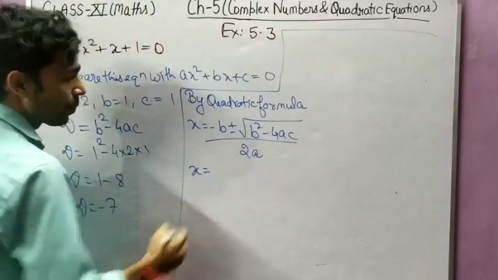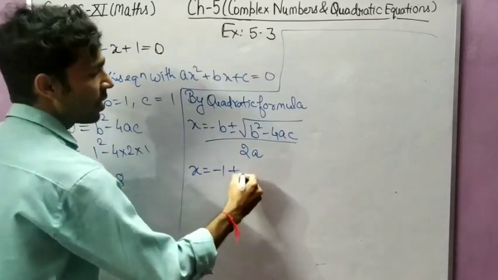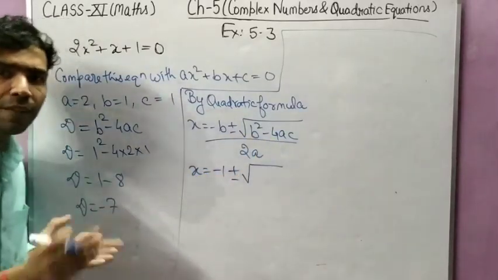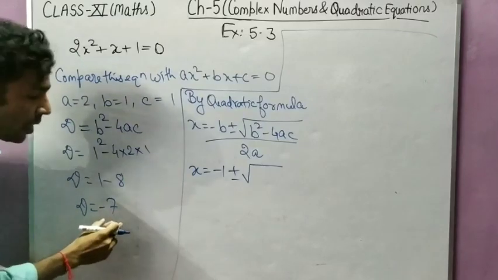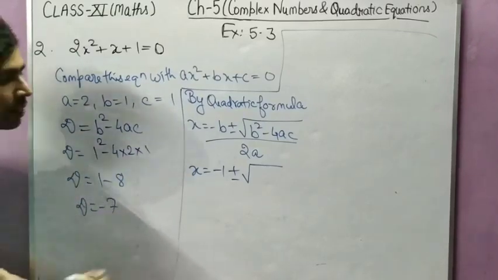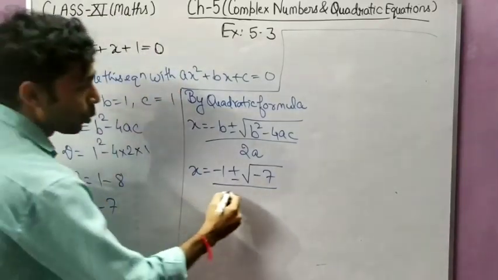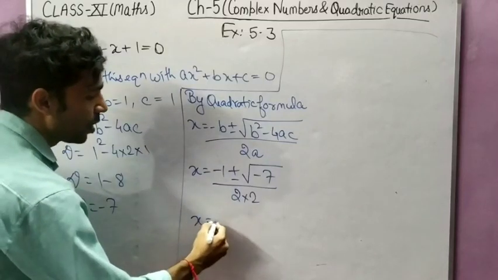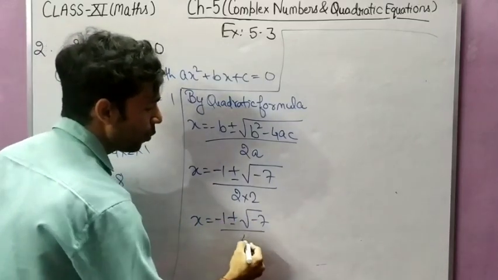The value of b is 1, so x = -1 ± √ of b² - 4ac, which we have already calculated as -7, upon 2 × 2. So we get x = (-1 ± √-7) / 4.